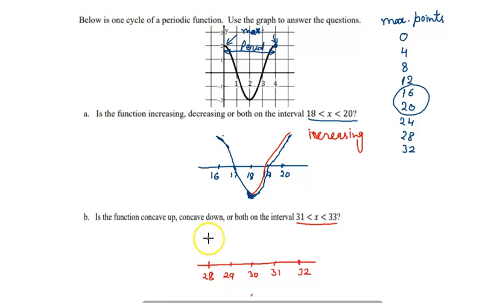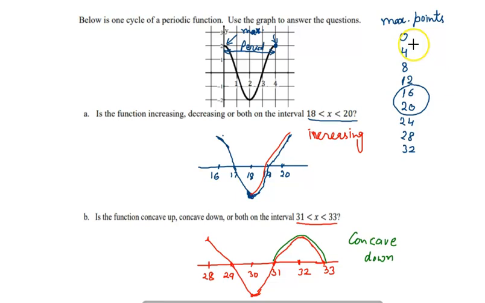This graph has a maximum value at 28 and at 30 it would have a minimum value. We need to find from 31 to 33. You can draw a point at 33. 32 is the maximum point, and at 33 it will cross the x-axis. From 31 to 33, this graph is concave down.